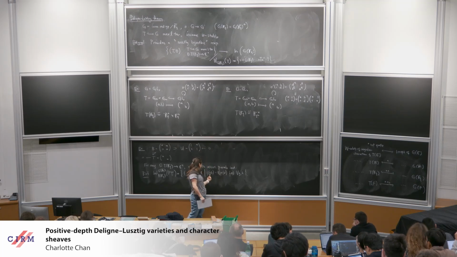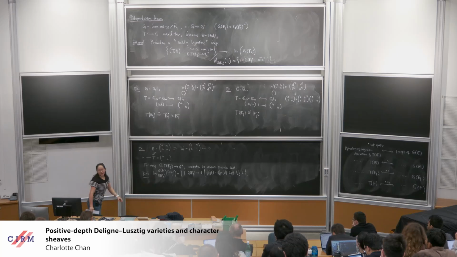So I just get F of GU is equal to F of G, and so I have right invariance by U of FQ.